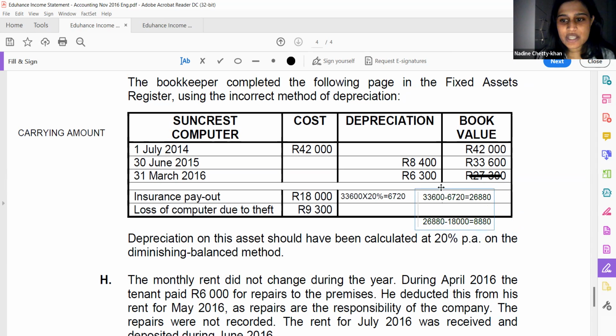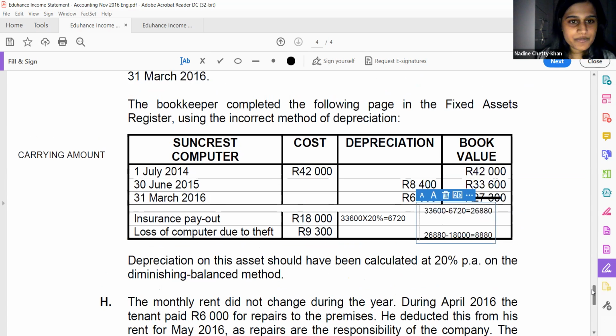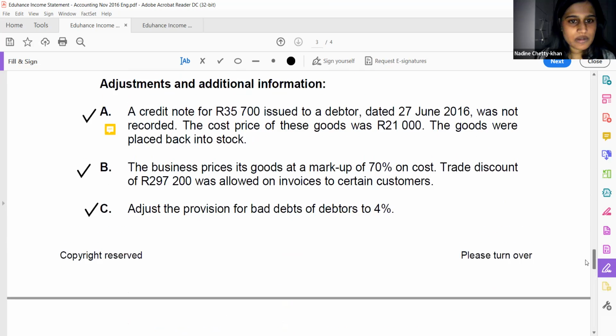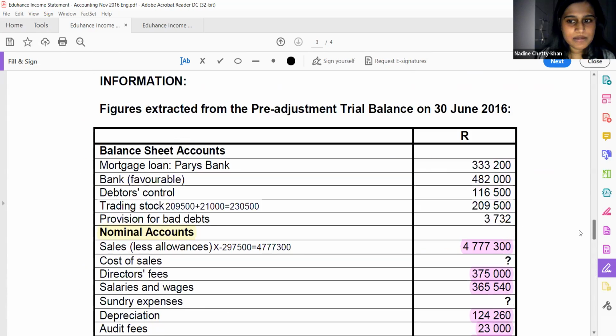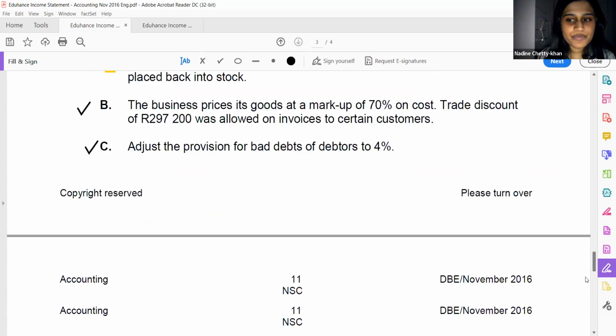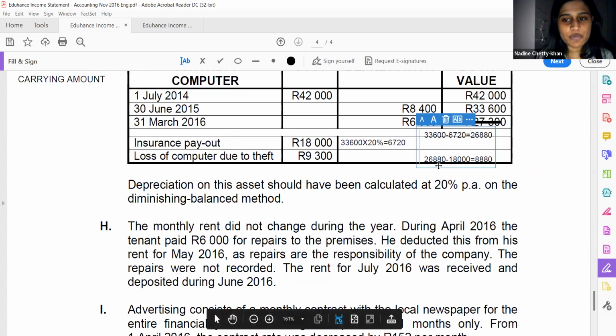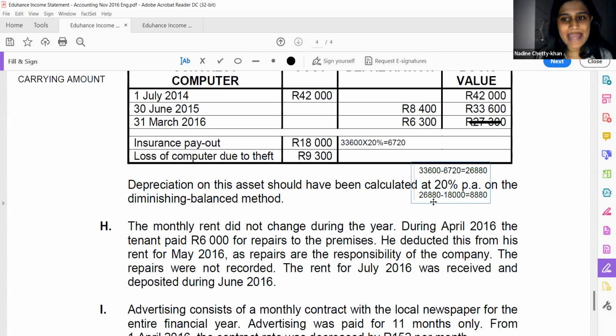I calculated a full depreciation for the year. But what is our financial year? Let's go right back to the start. It's 30th June. So this computer got stolen before the end of the year. So can I calculate depreciation on the full 6,720? No.